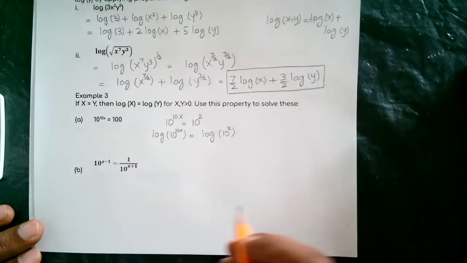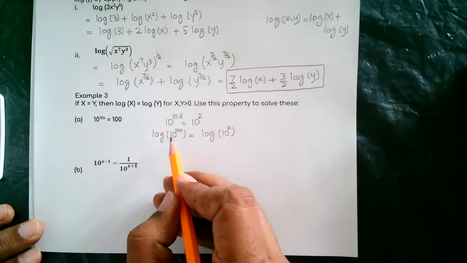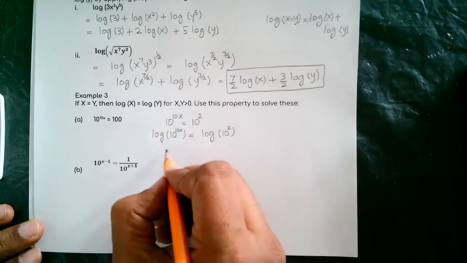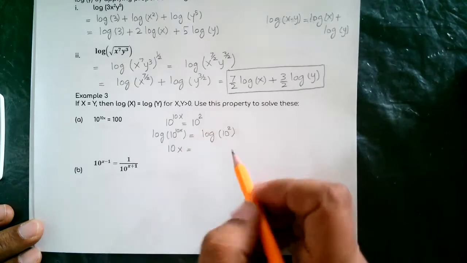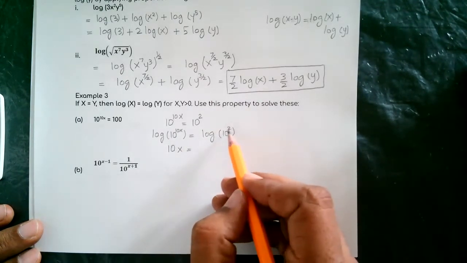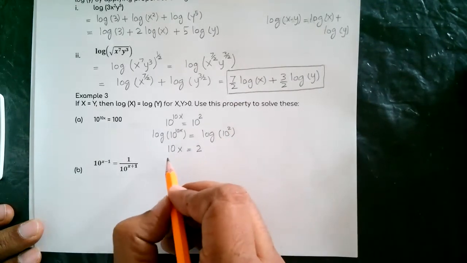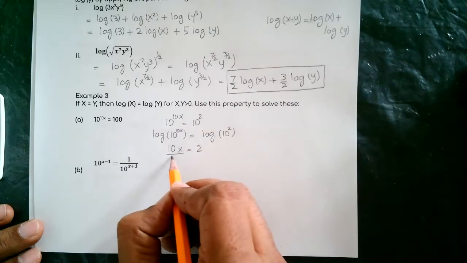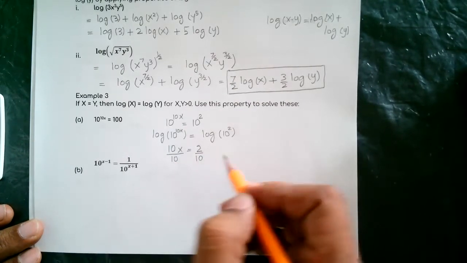So now the log and the base 10 for the exponential expression cancel each other out. So I will get 10x, and similarly log and base 10 for the exponential expression will cancel out. I'll get 2. Now all I need to do is divide both sides by 10 so that I can get rid of this 10 next to x.